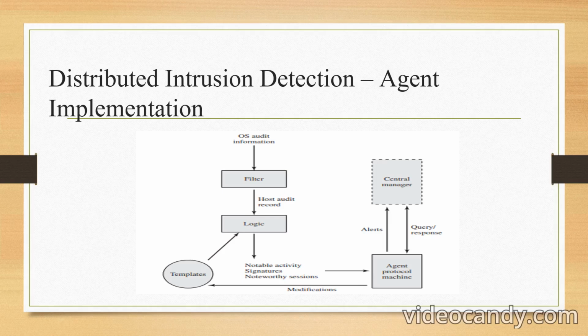When suspicious activity is detected, an alarm will be sent to the central manager. The central manager includes an expert system that can draw inferences from received data. The manager may also query individual systems for copies of audit records to correlate with those from other agents.